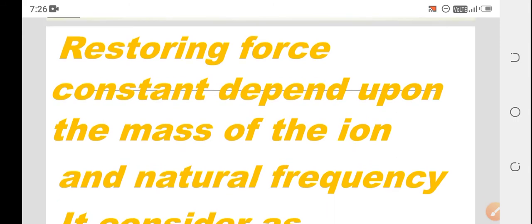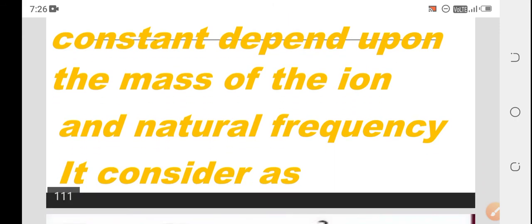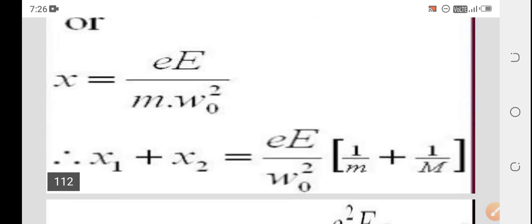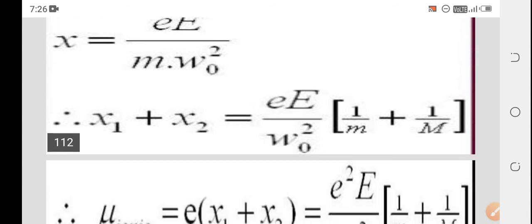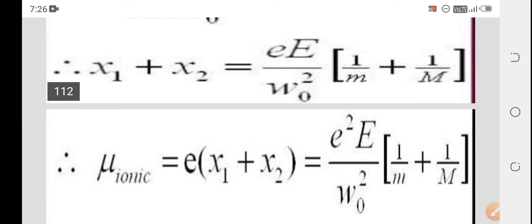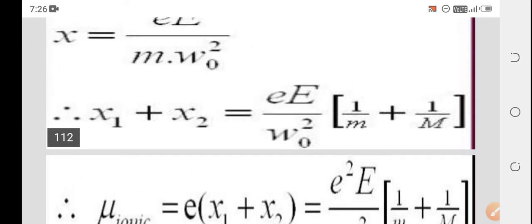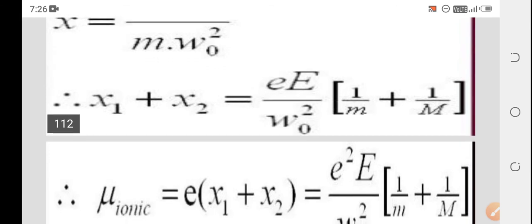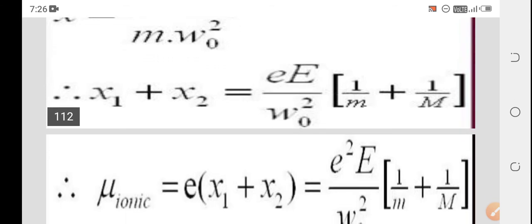The restoring force constant depends upon the mass of the ion and the natural frequency. It is considered as F equal to eE, where F equals m omega naught square into x, or x equals eE by m omega naught square, where x1 plus x2 is eE by omega naught square of 1 by m plus 1 by capital M. So here mu ionic is e of x1 plus x2.